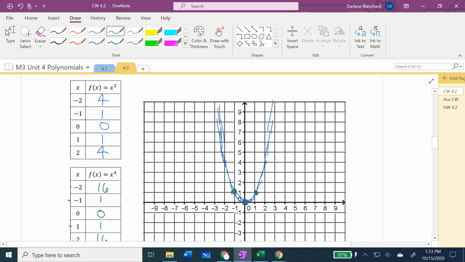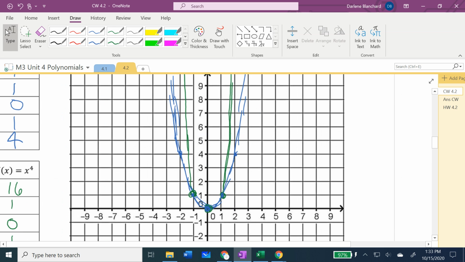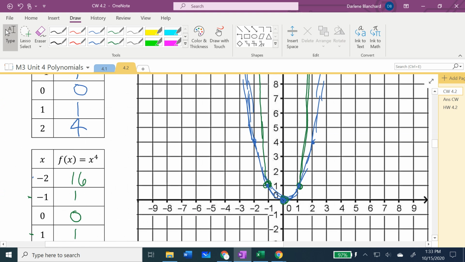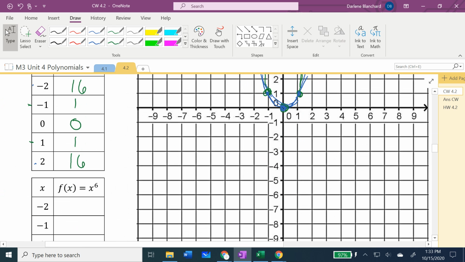So based on the fact that it's way up at 16, I know that this is far steeper. But then, what about down here, if I am comparing them?